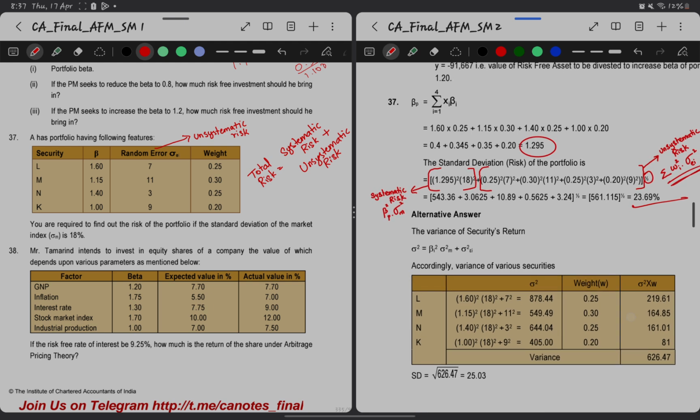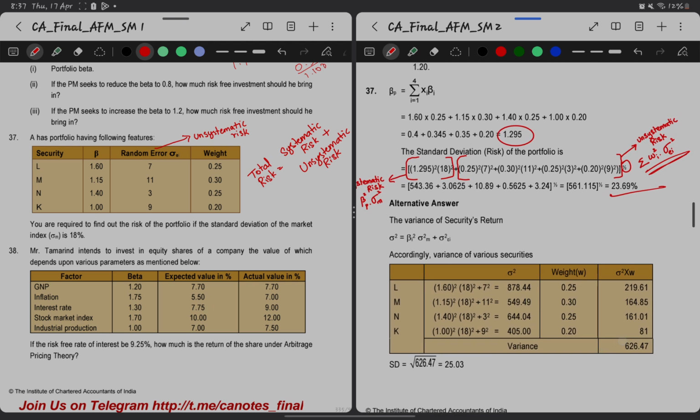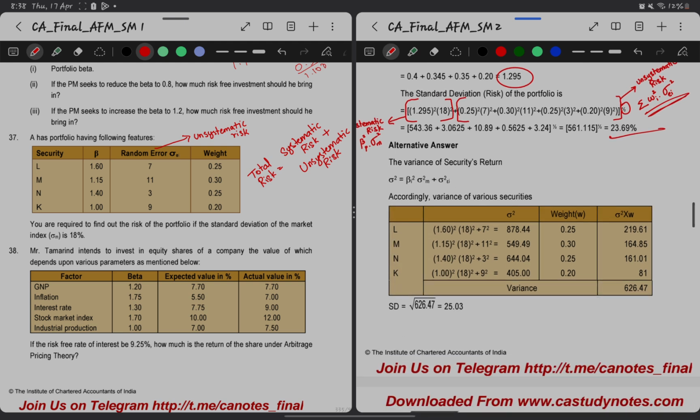As I previously told, the variance of the unsystematic portion can be added, hence the alternative answer assumes this. If you see, it looks like we are just directly adding the variance of individual stocks and multiplying with the weights.